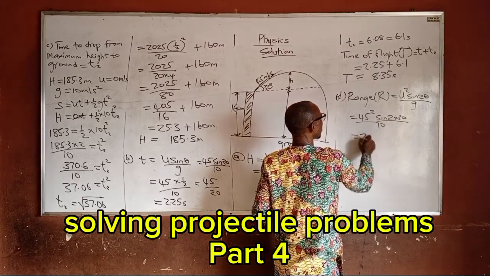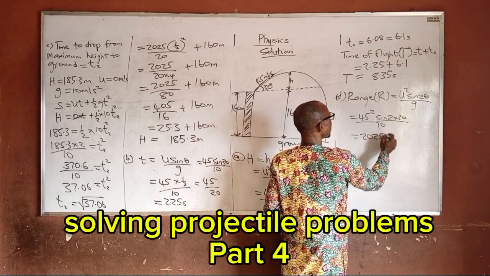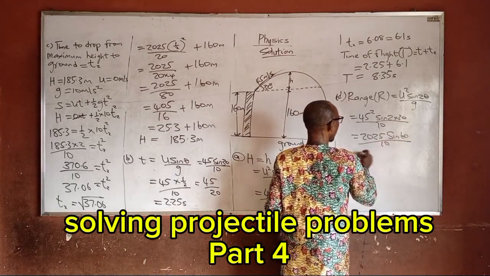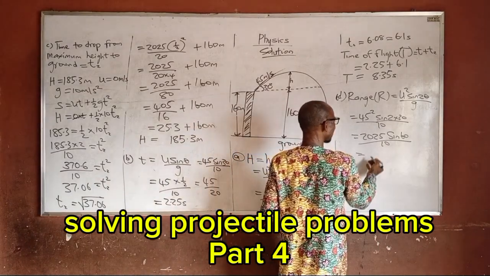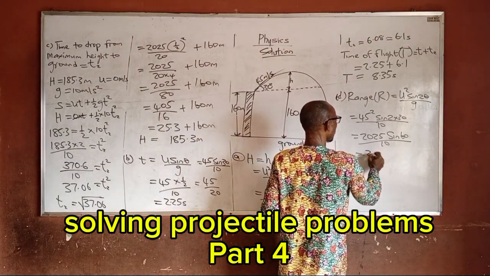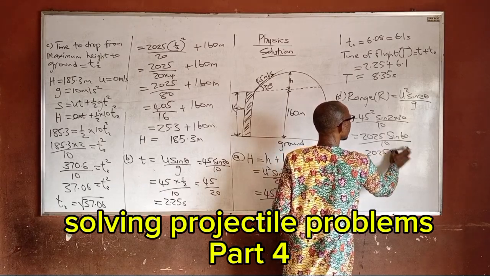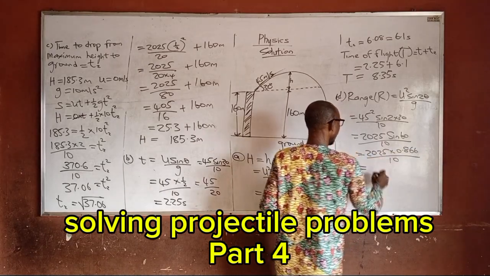45 squared is 2025. And this gives us sine 60 all over 10. What is sine 60? Sine 60 is 0.866, all over 10.